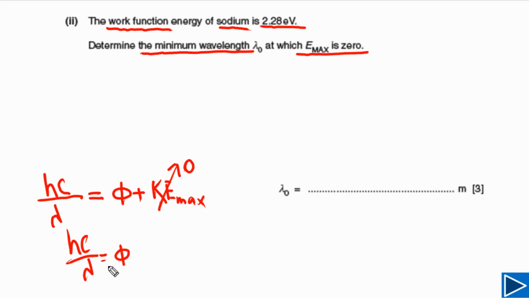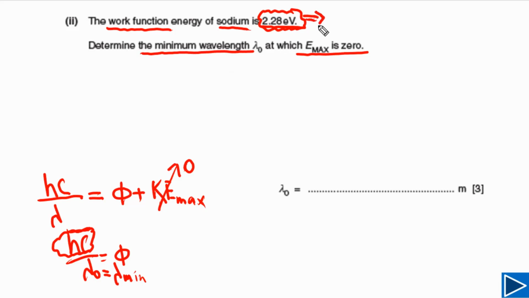What we need to find is lambda naught, the minimum wavelength of incident light. Here h is constant and c is constant; we can find these from the data table. Phi, the work function, is given to us, but it is given in electron volts, so we need to convert it into joules first of all.